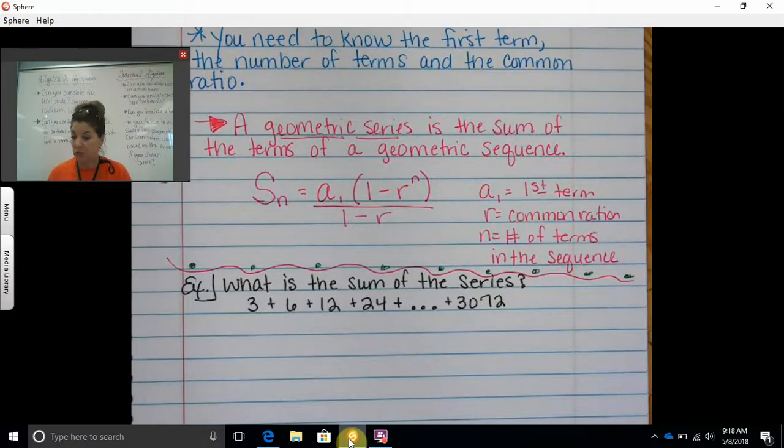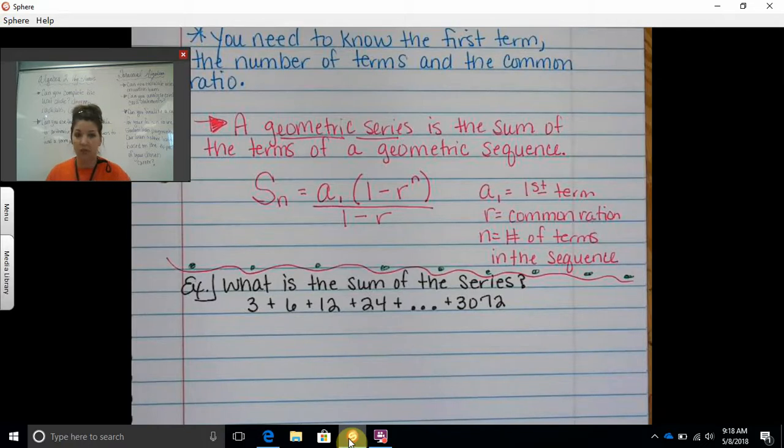Okay, so we know we need to know the first term. We know that. We need to know the common ratio is what? 2. We also need to know how many terms are in the sequence. Do we know how many terms are in the sequence? No, they did not give us that information. So we're going to have to figure out how many terms are in the sequence, okay?